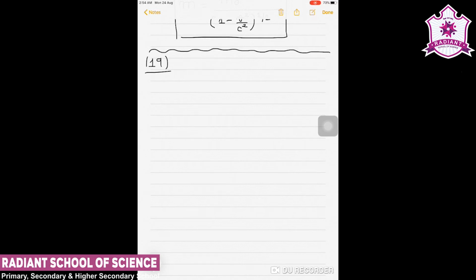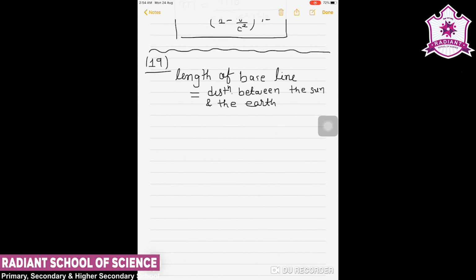We say that the length of baseline is equal to the distance between the Sun and the Earth, and this distance is called 1 astronomical unit, and it is also written as 1.5 into 10 raised to 11 meter. So this is the unit meter.